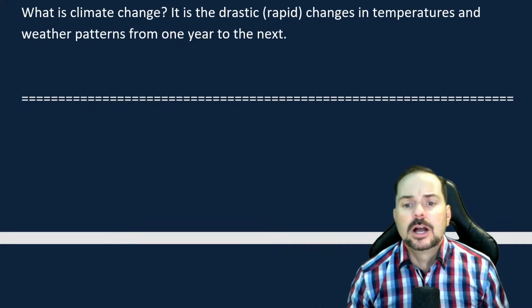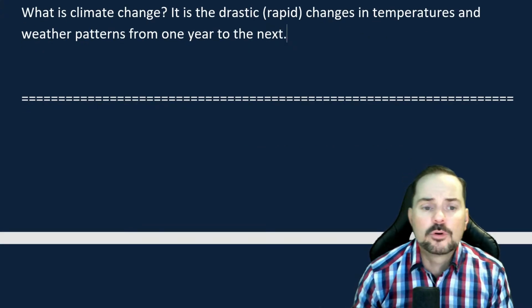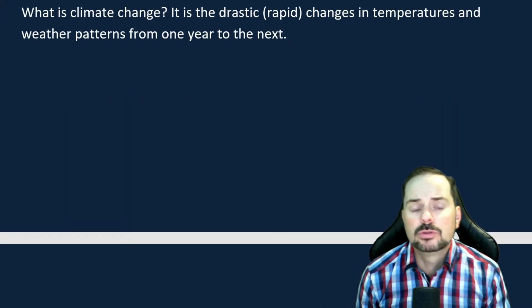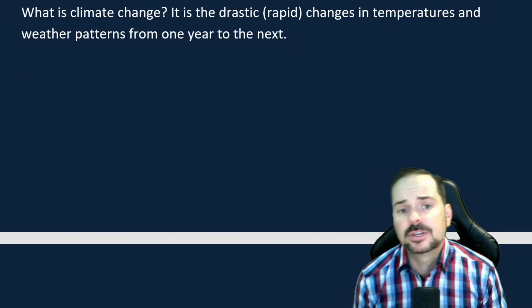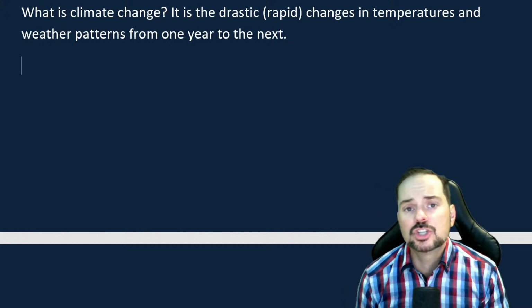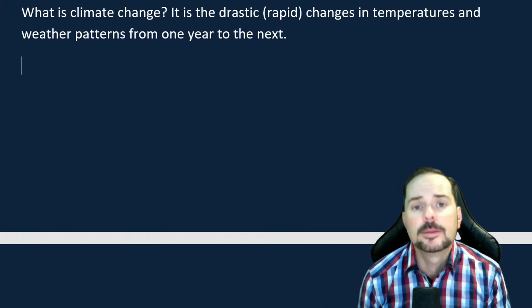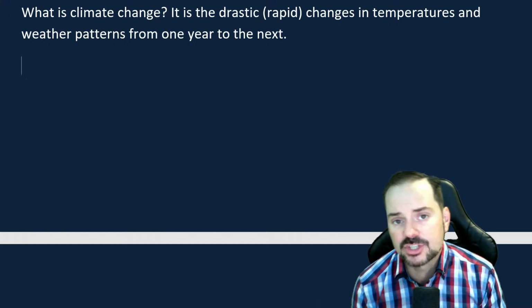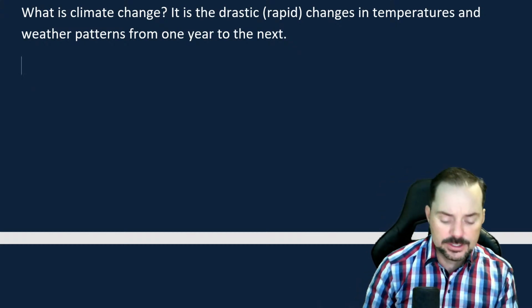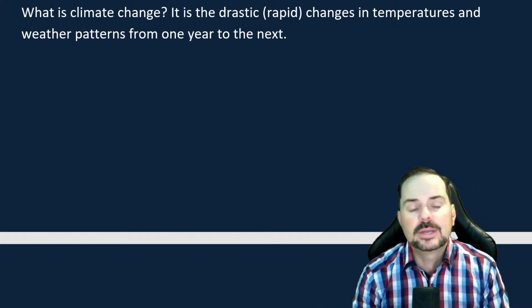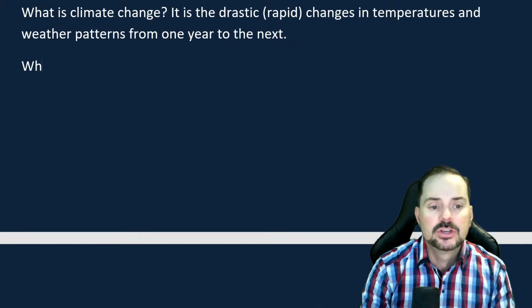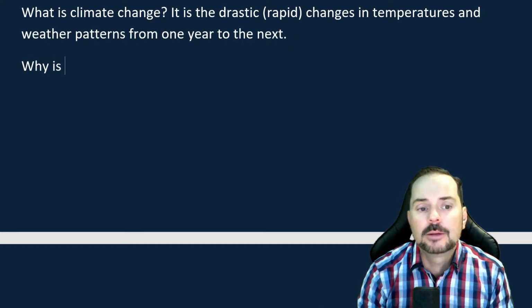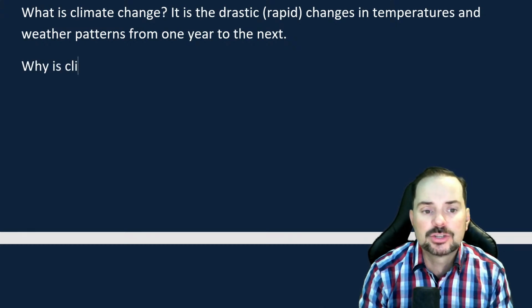Now, before we think about the controlling idea, we definitely want to ask the next question. Good communication, good information comes from asking good questions. And the next good question we have to ask ourselves is, why is climate change happening?